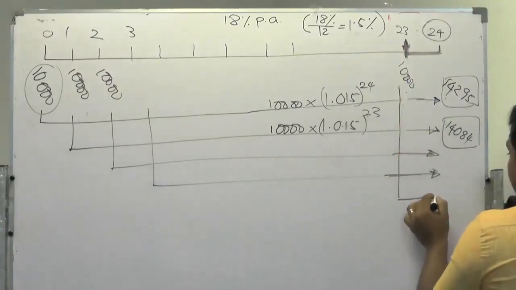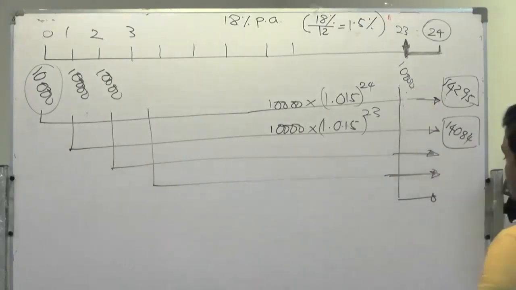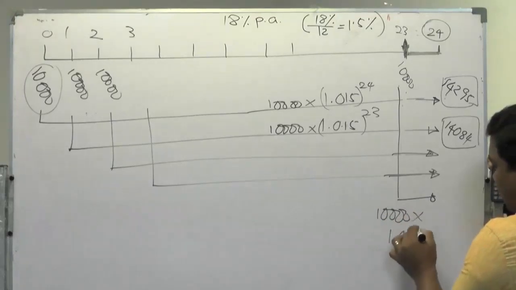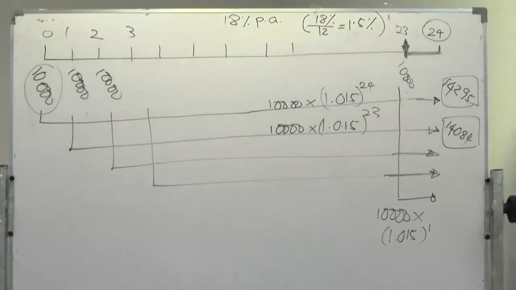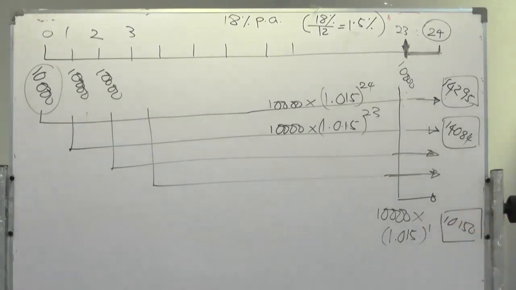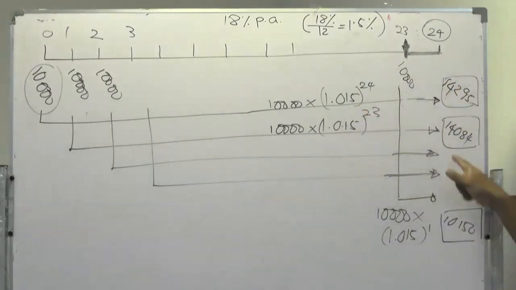Again, you will receive that cash and interest for that investment. How much? 10,000 into 1.015 power 1, because you have to pay interest only for 1 month. That is 10,150. Likewise, you will receive 24 calculations.